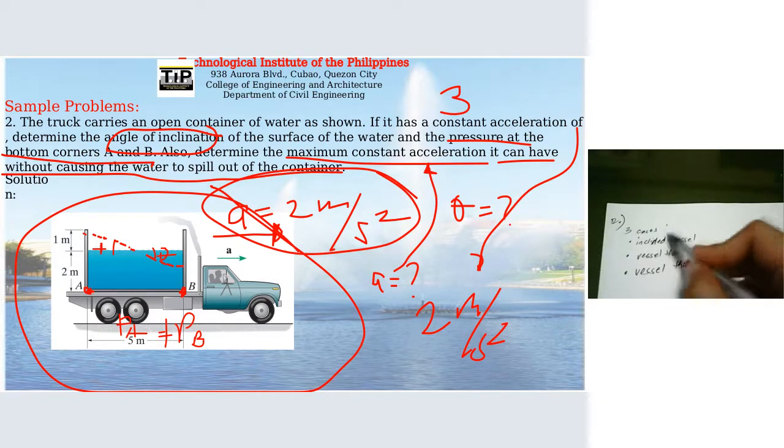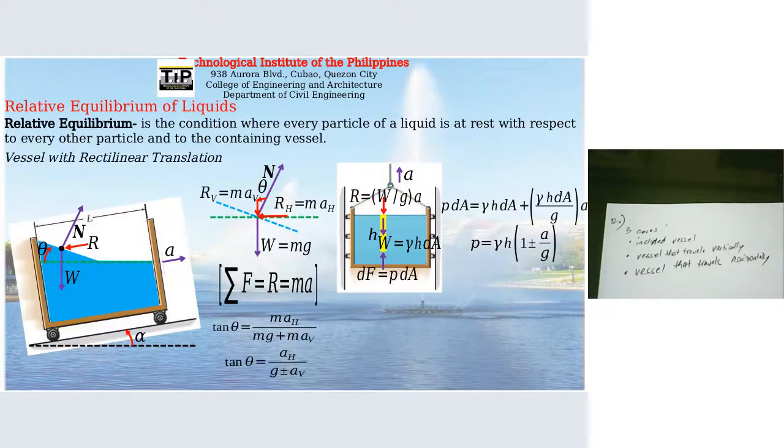For the first two, inclined vessel and vessel that travels vertically, we already derived the equations. So for the inclined vessel, ito po yan.